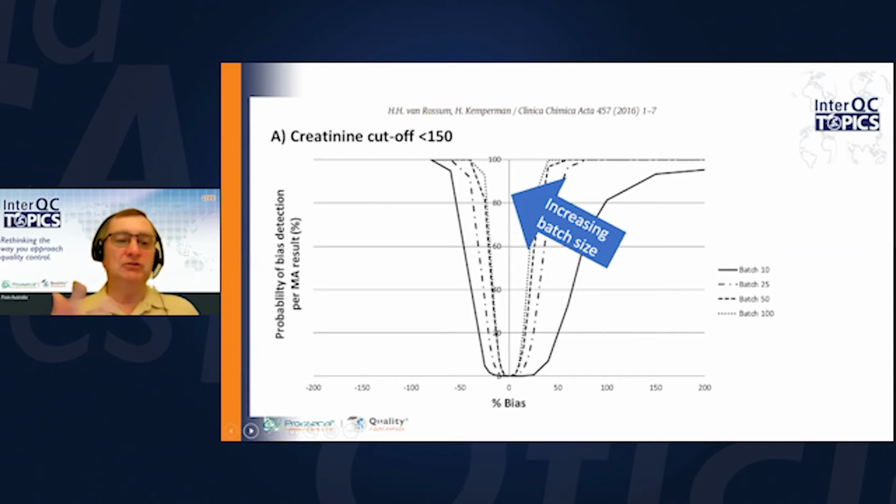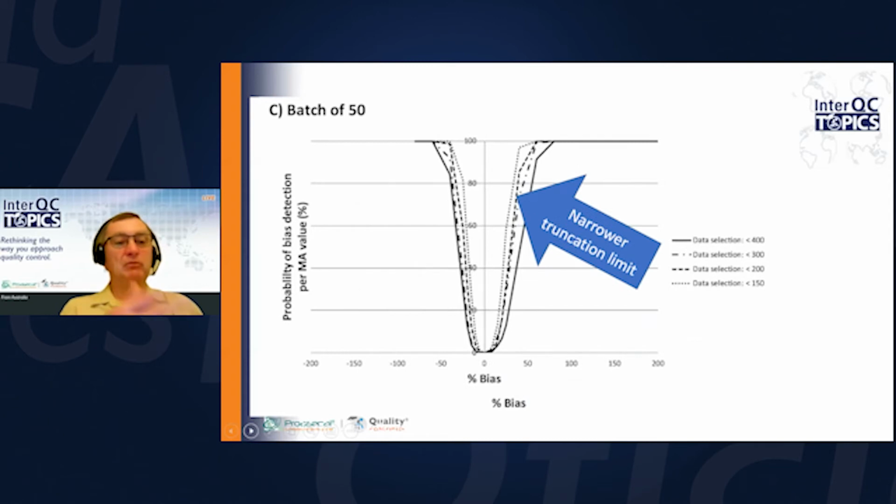This shows you that for creatinine, if you cut off at 150, you can see the effect of different batch sizes. These batch sizes represent the number of samples you're going to use to determine your average, and if you use a different batch size, you get more detection success with different truncation limits.